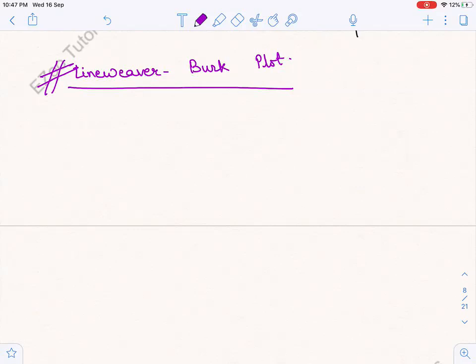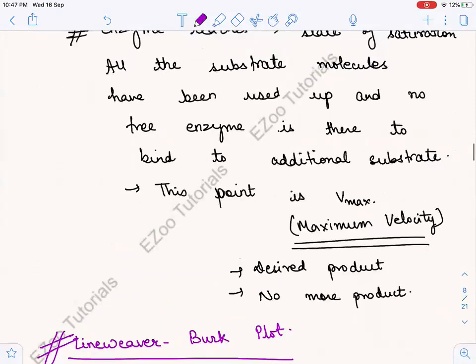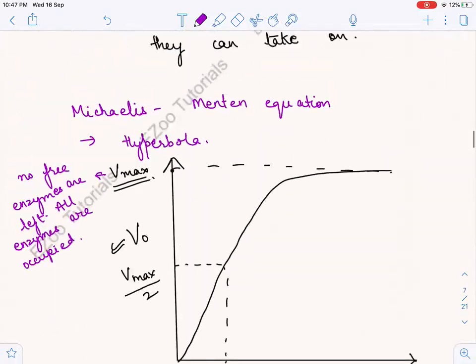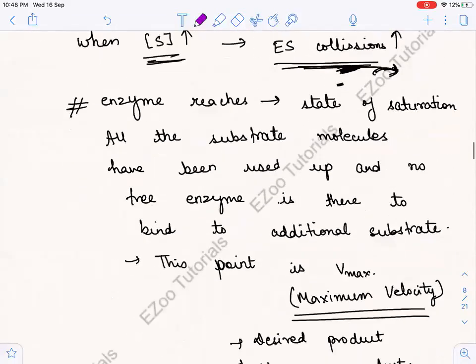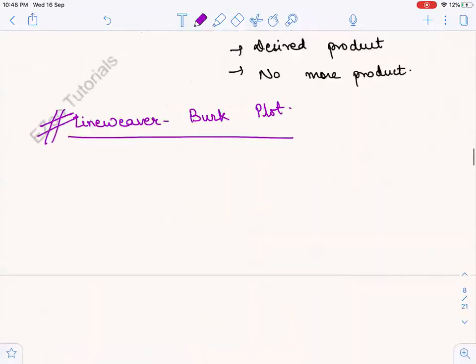अब अगर हम रेसिप्रोकल ऑफ द वेलोसिटी और सबस्ट्रेट को ले लें, बेसिकली जो हमने ये बनाया है ये हाइपरबोला, इसको हम रेसिप्रोकल कर दें, इसको उल्टा कर दें तो क्या बन जाएगा? लाइनवीवर बर्क प्लॉट. इसमें हम क्या कर रहे हैं?